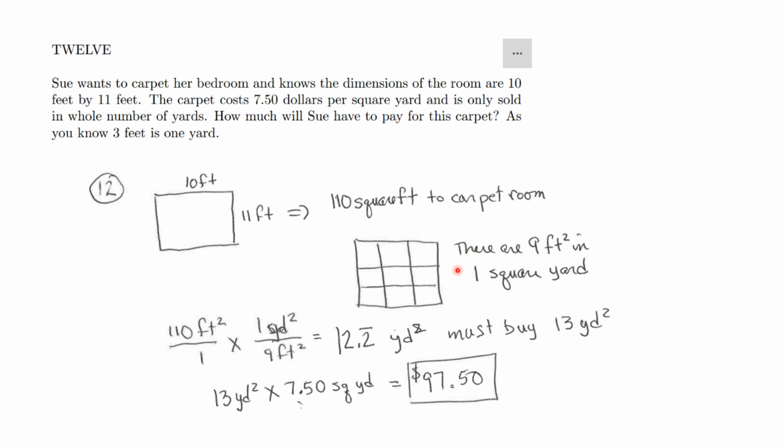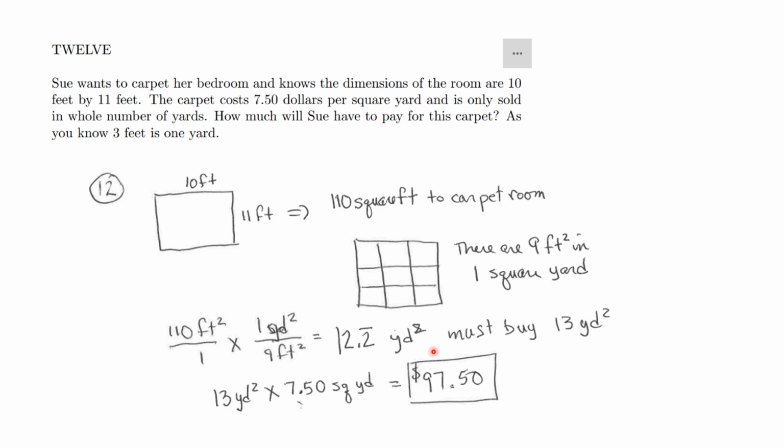A conversion factor that you should know from area is that since a yard is 3 feet, this is 3 feet by 3 feet, so a square yard is 9 square feet. This is a dimensional analysis problem: 110 square feet times 1 square yard per 9 square feet. You get 12 and change square yards.